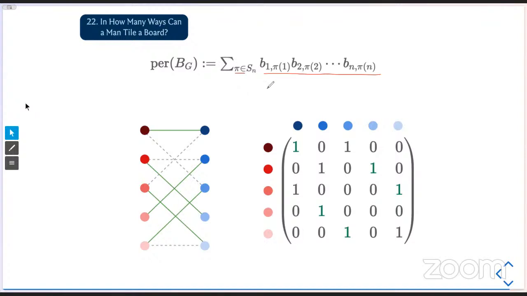So, for example, here, if we take the identity permutation, some of these edges are missing. They're not there. So the identity permutation is not a matching, but it is a permutation. It'll show up in the sum, but does it contribute to the sum? Maybe let's just answer that question. Does the identity permutation contribute anything to the sum?